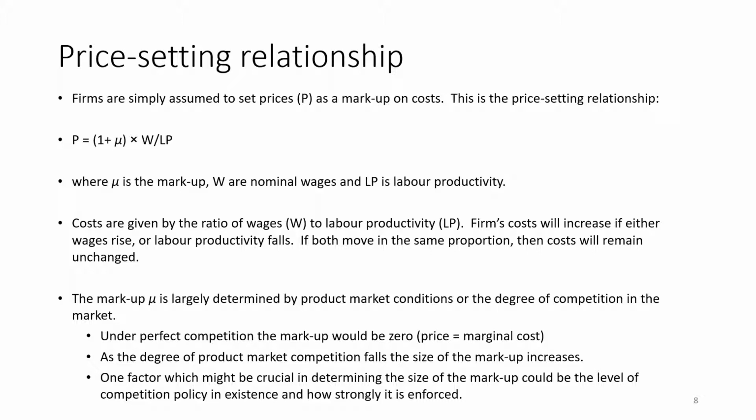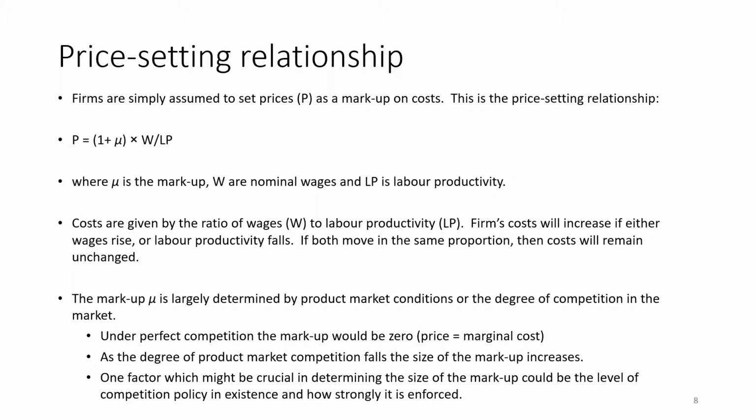If there's lots of competition between firms, then obviously that markup is going to be much lower. If there's not that much competition, then of course firms would be able to exploit any market power they have and basically set a higher markup or profit margin over the costs they face. So that markup is probably inversely related to the amount of competition that exists in the economy.